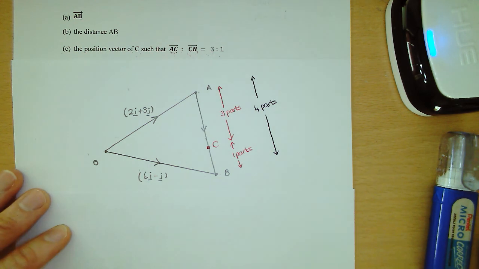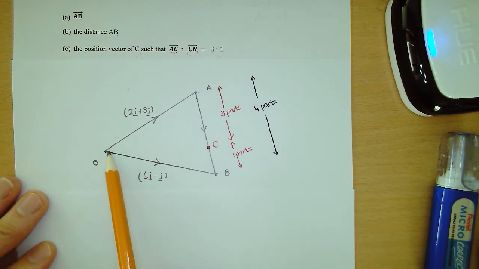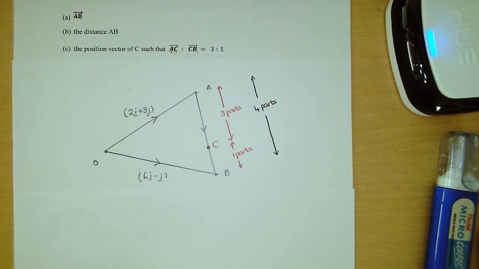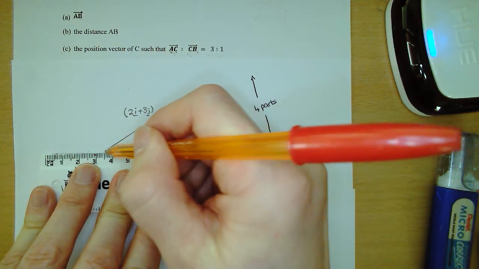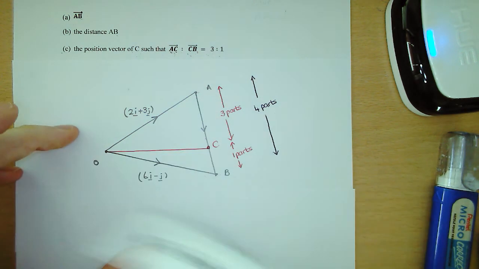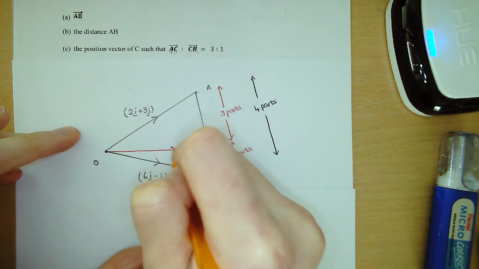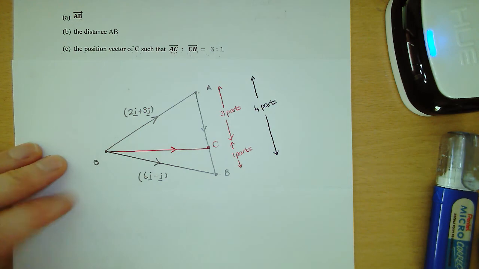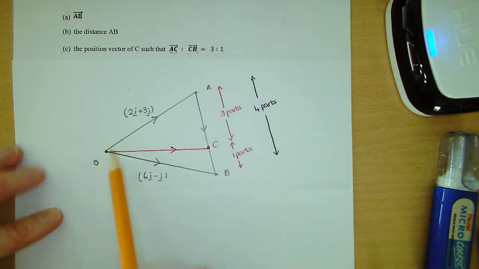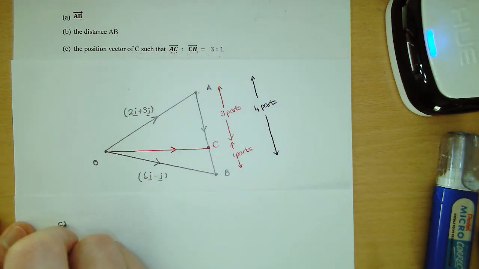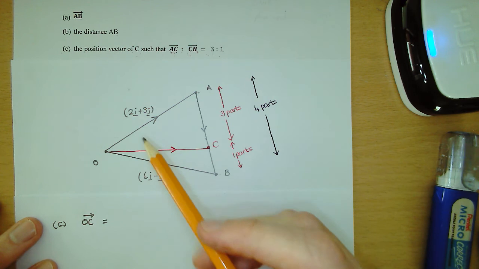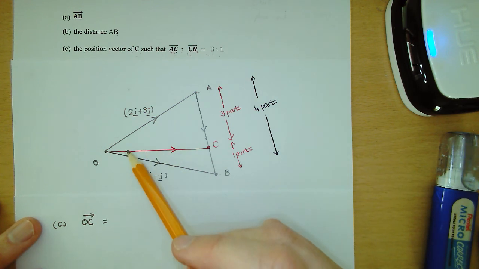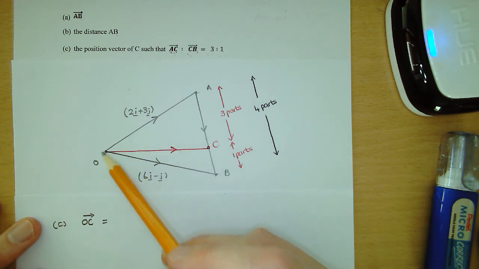So part C is asking us to work out the position vector from O to C. So I'm going to put that in the diagram. So the position vector joins O to C. And remember, it's always directed away from the origin. So we put an arrow pointing away from O and towards C. Now again, we are trying to find an unknown vector, O to C. So remember, to find an unknown vector, you make it the sum of all of the other vectors from its tail to its nose.